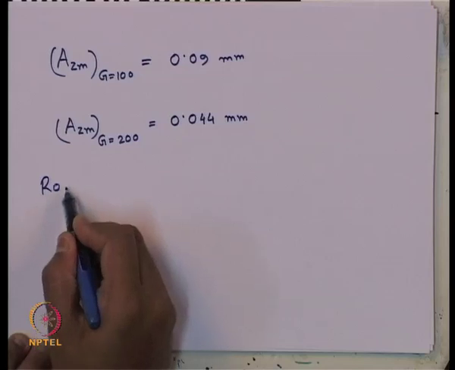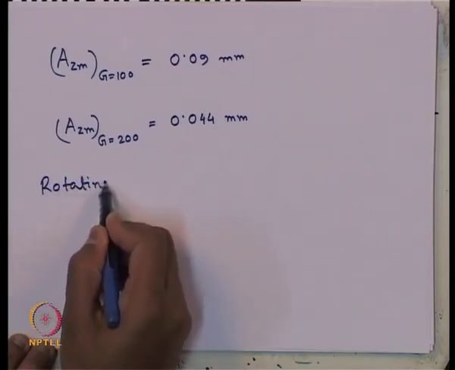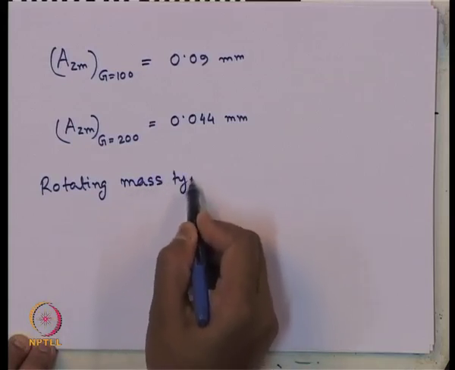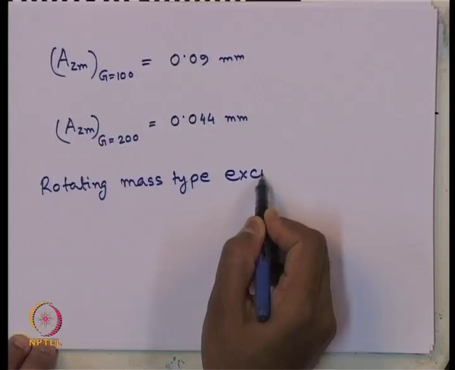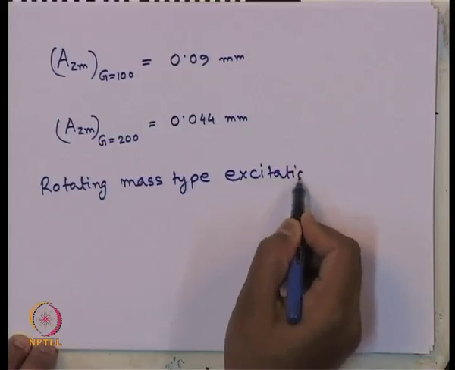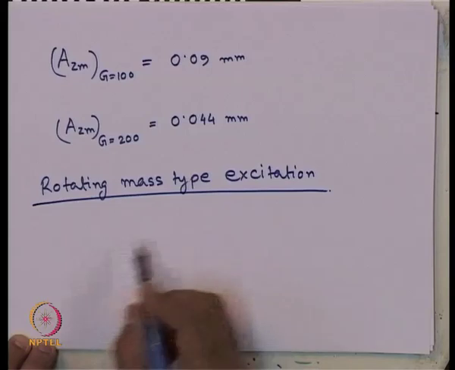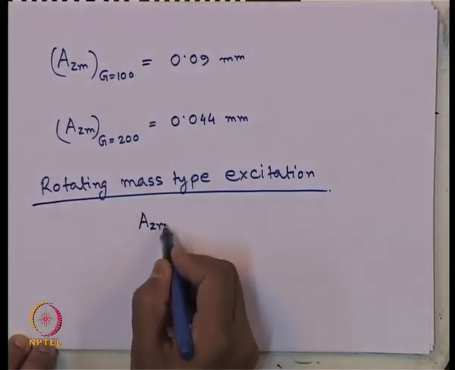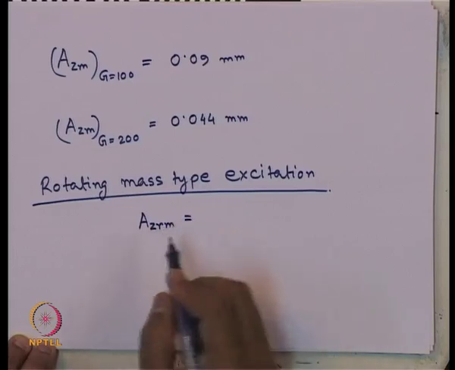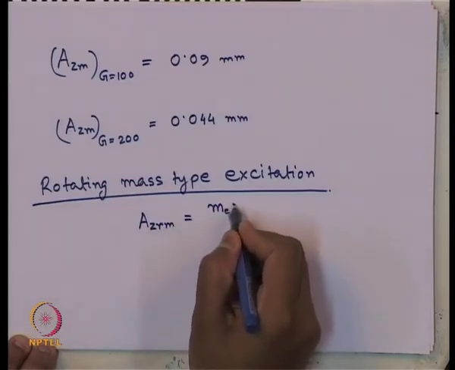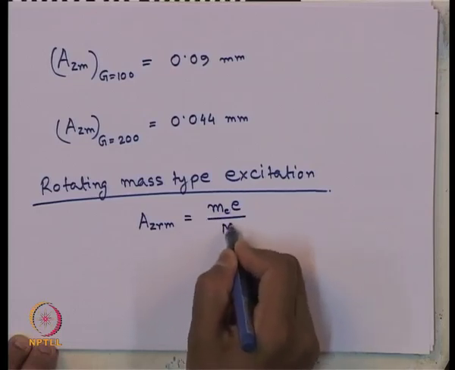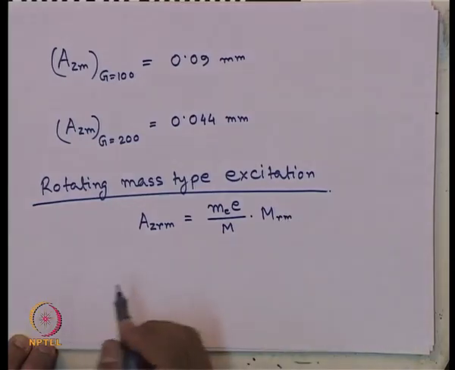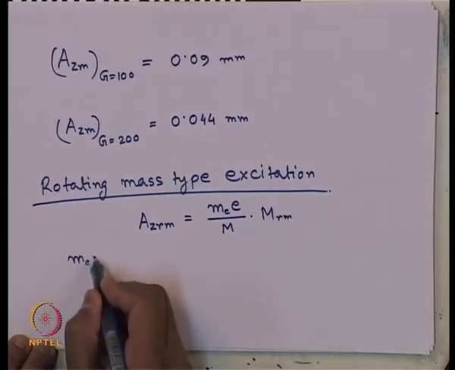Now, for rotating mass type excitation, what is the expression to find AZRM? The expression is MEE by M times MRM. How much is this MEE by M?